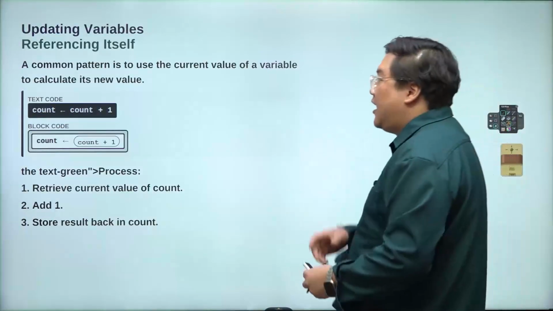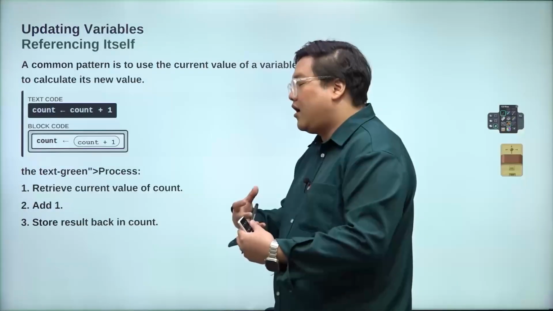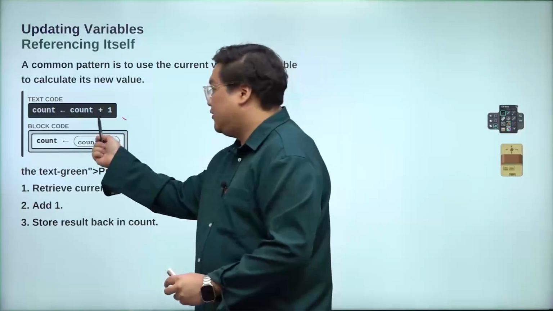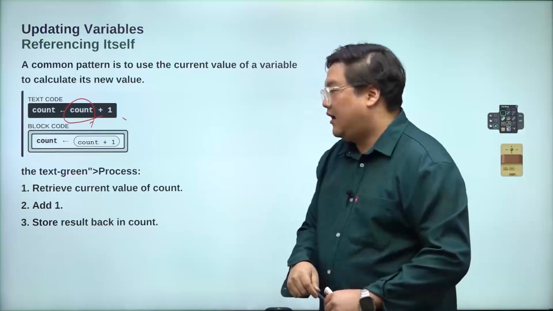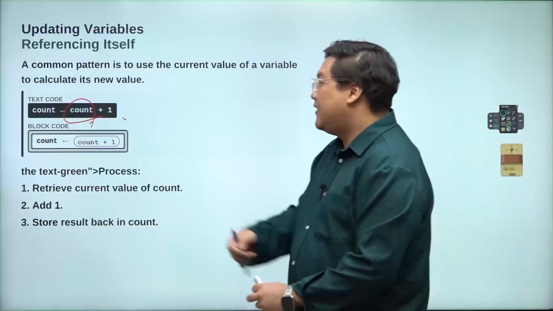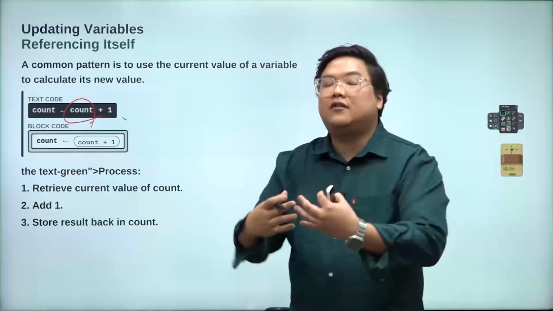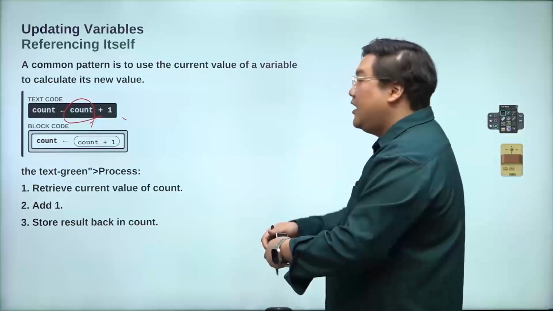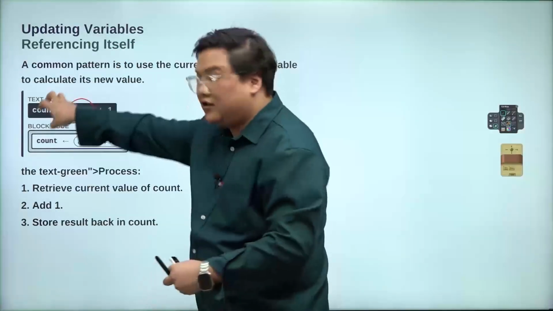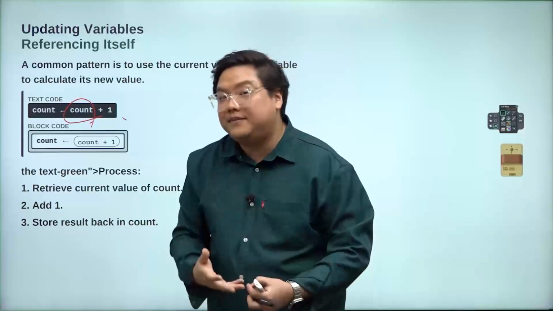A common pattern when updating the value of a variable is to use the variable in the expression. Think of it as the current, initial value saved in count. We said we do everything on the right first and then the assignment, so we haven't updated it yet.